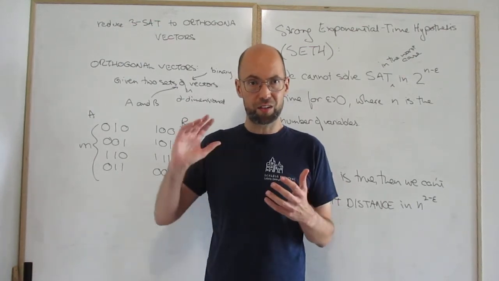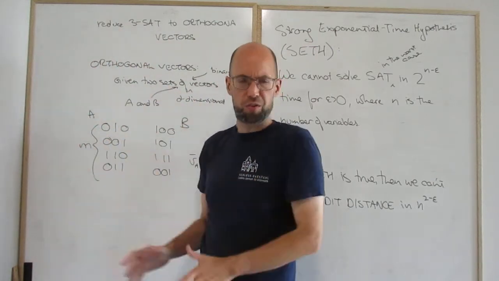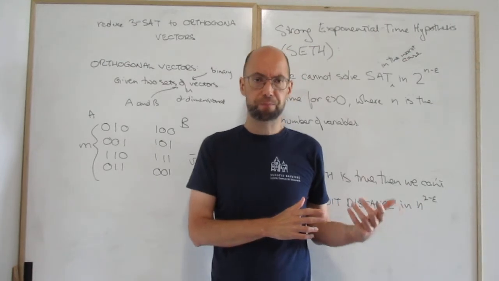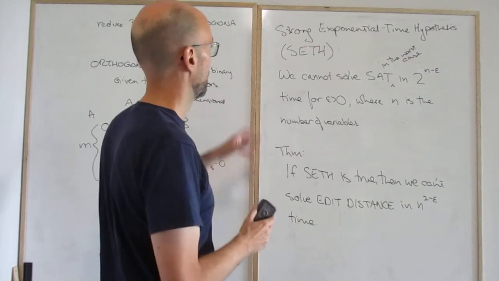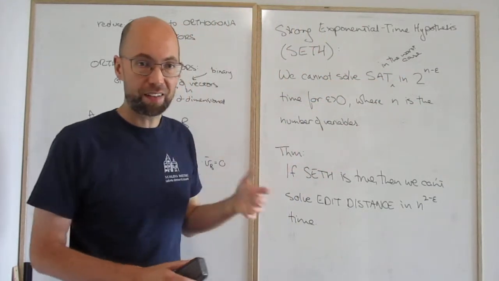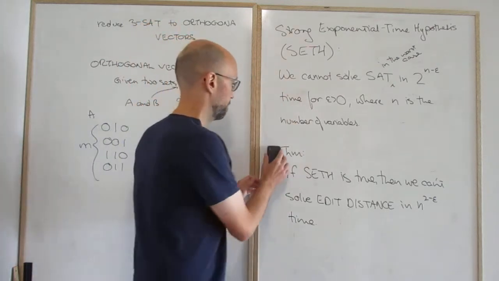It ties together SAT, which is something far away and really hard that you don't want to work on, and orthogonal vectors, which is something easy that you can do in polynomial time. Okay, so remember, we cannot solve SAT. We're saying that SAT takes, you can't do it in 2 to the n minus epsilon.